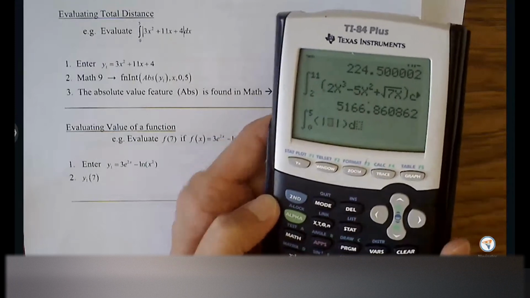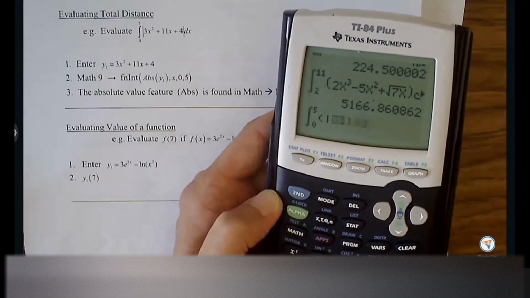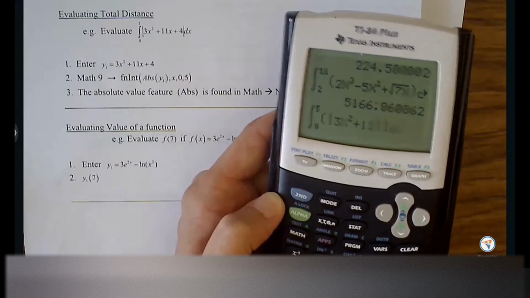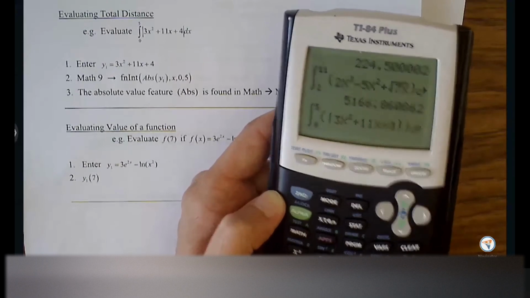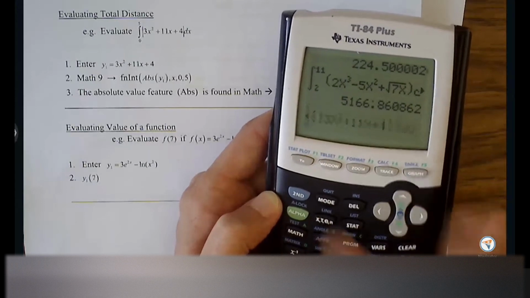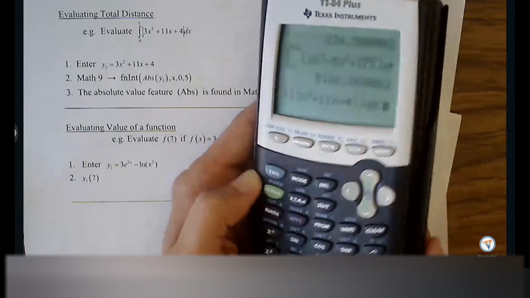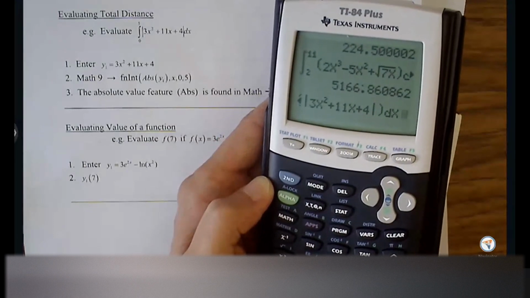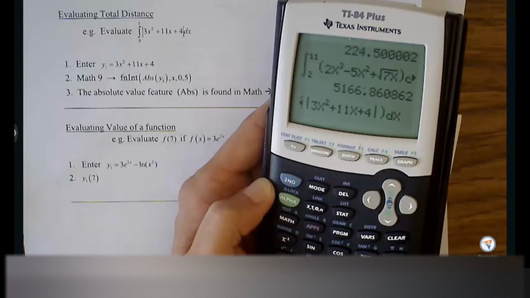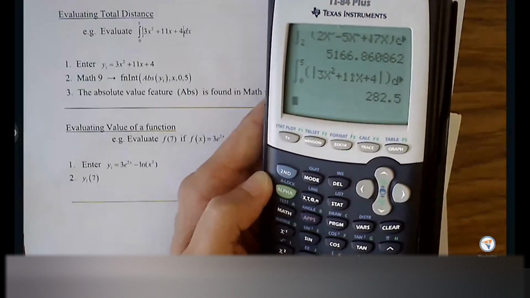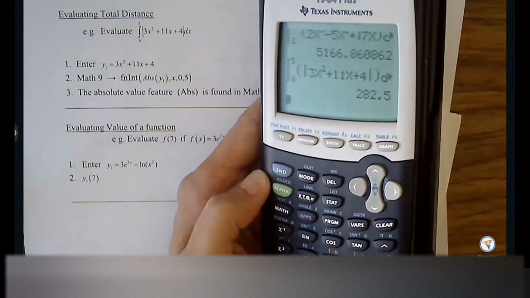Then you can put your expression inside of it, and make sure you complete with a dx. Just to let you know, sometimes absolute value in the calculator takes a little bit longer. It may take up to 15 seconds for it to process, so just be patient.